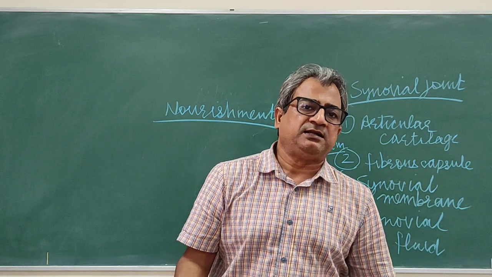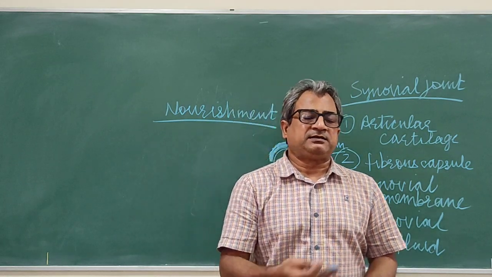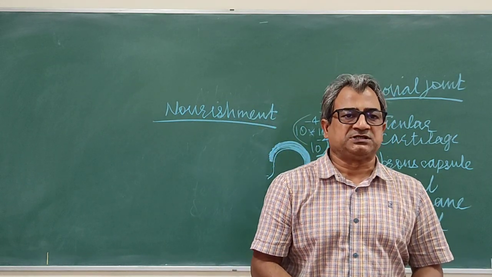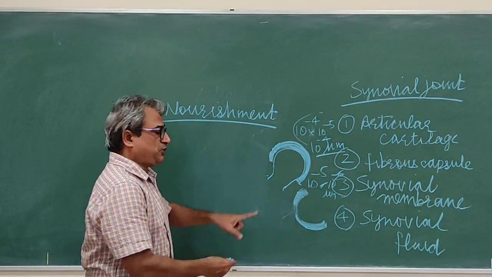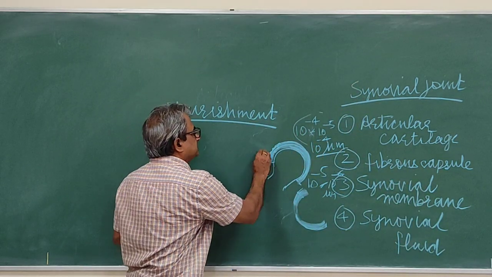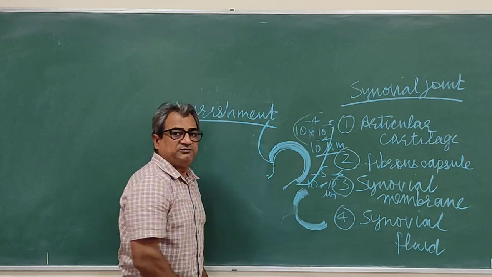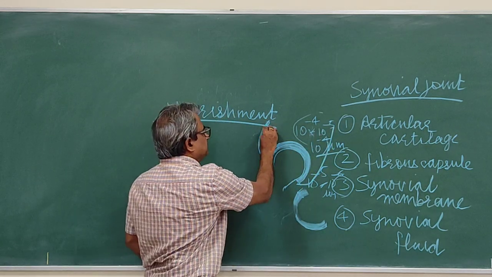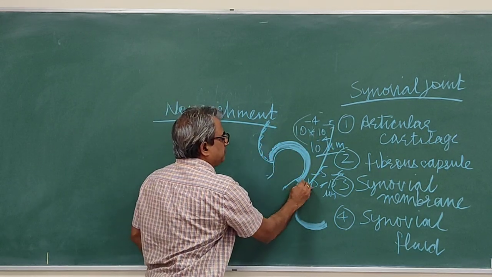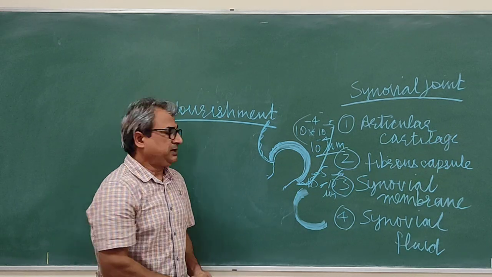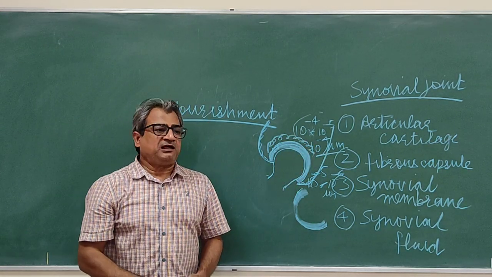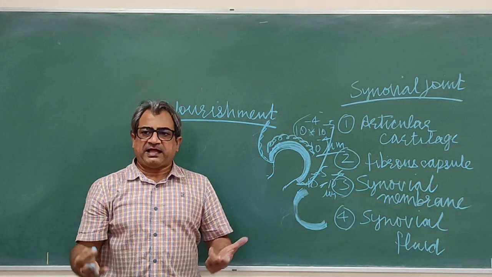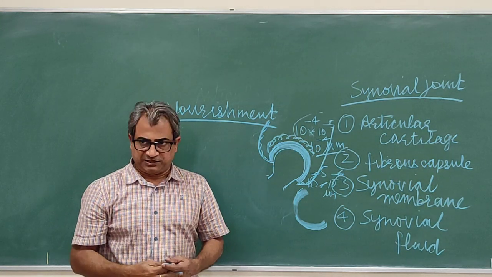While studying the cartilages, we discussed that they get nourishment through the diffusion process from the surrounding tissue. So here, if this is a joint cavity, this is a fibrous capsule, within which is present the synovial membrane, right? Within it is present what? Synovial fluid. So there are a variety of methods by which it can get the nourishment.